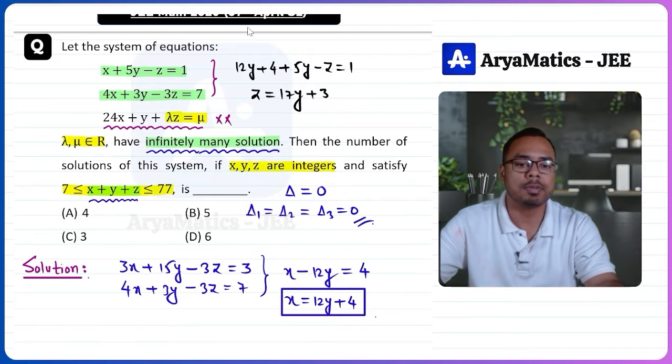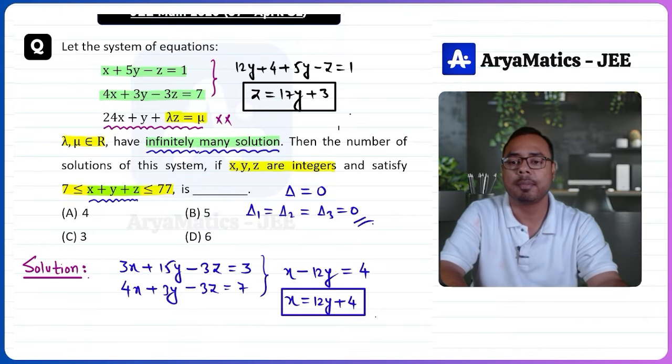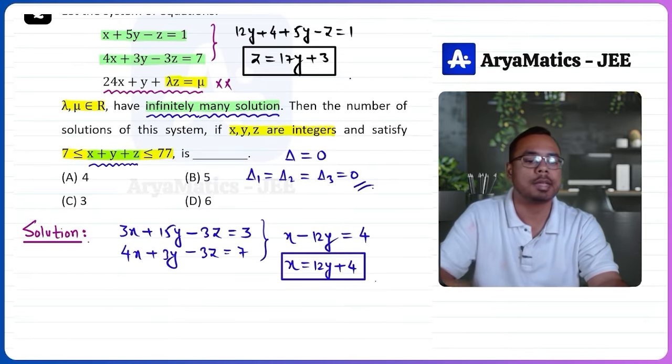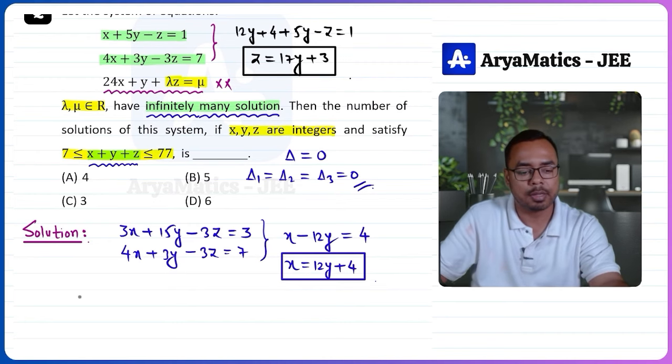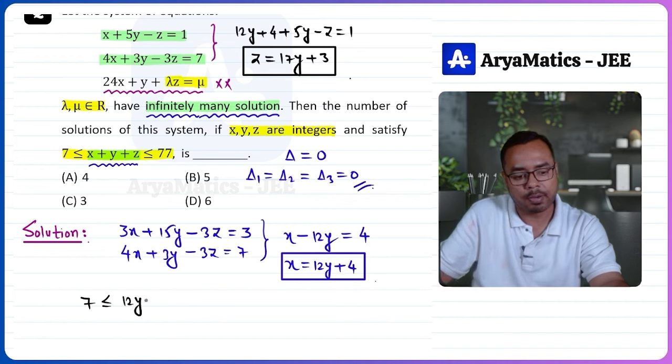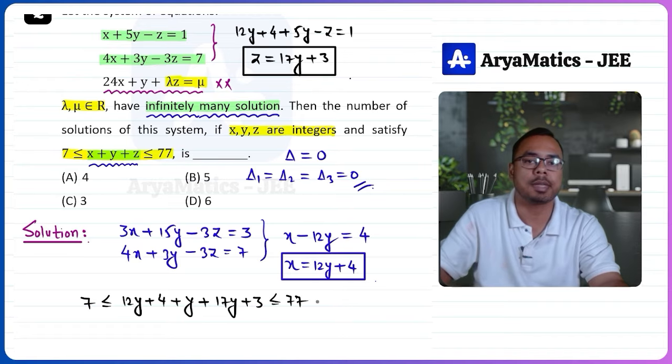So we got x in terms of y and z in terms of y, and the given relation is that x plus y plus z is between 7 and 77. So x is 12y plus 4, then y, and in place of z we have 17y plus 3, and this should be between 7 and 77.